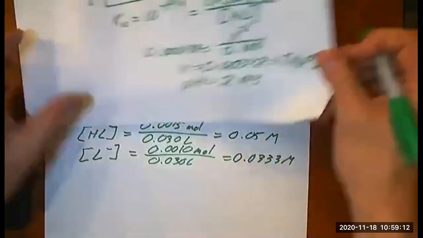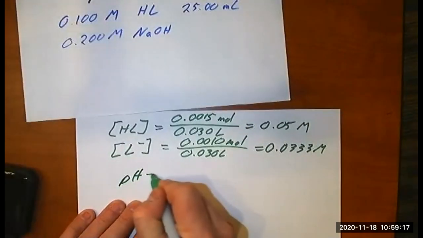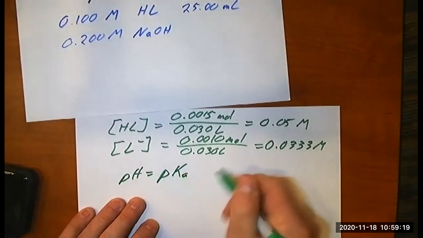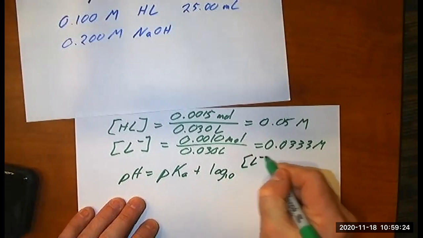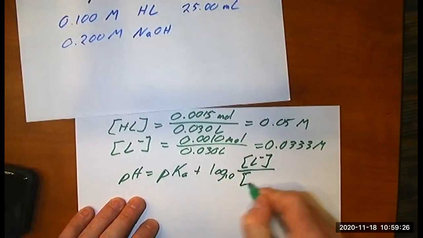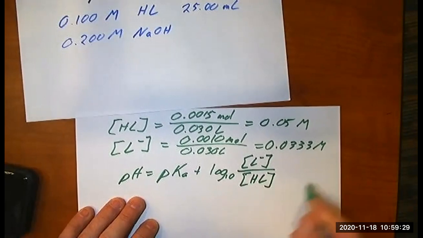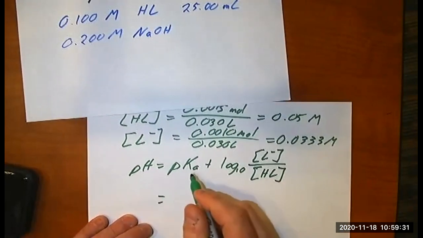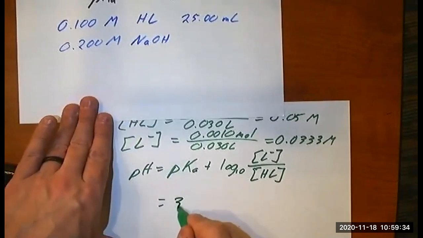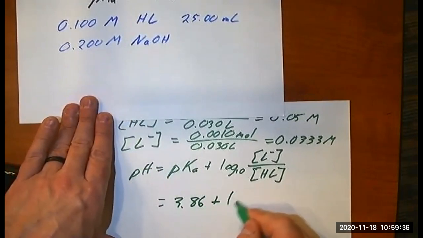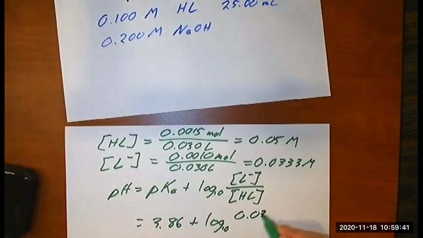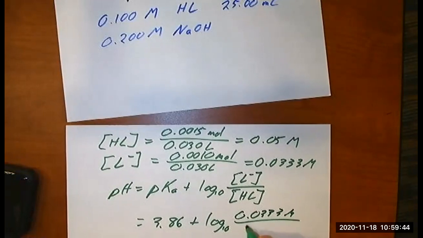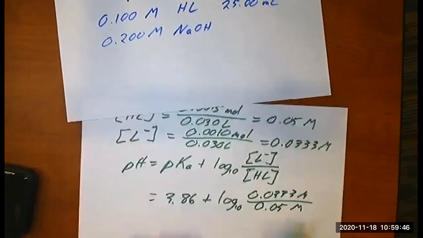So we write down that Henderson-Hasselbalch equation. pH equals pKa plus the log base 10 of the concentration of the conjugate base over the concentration of the acid. Our pKa was 3.86, log base 10 of 0.0333 molar over 0.05 molar.